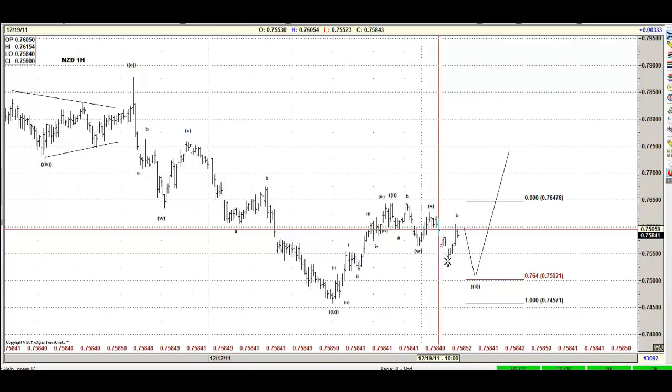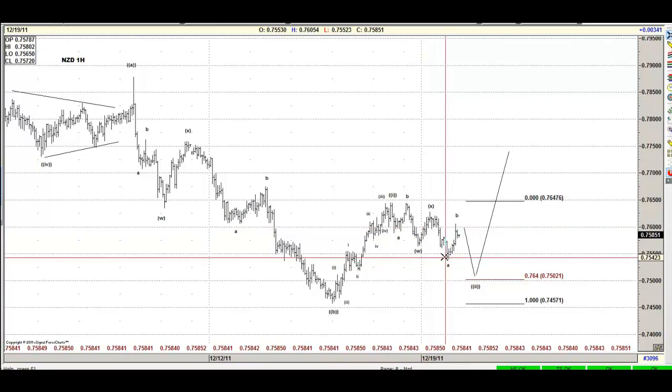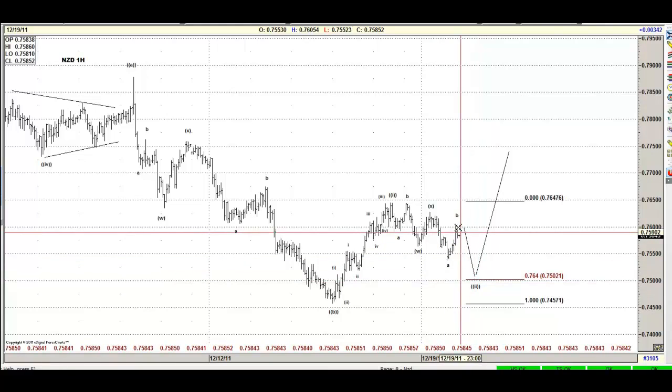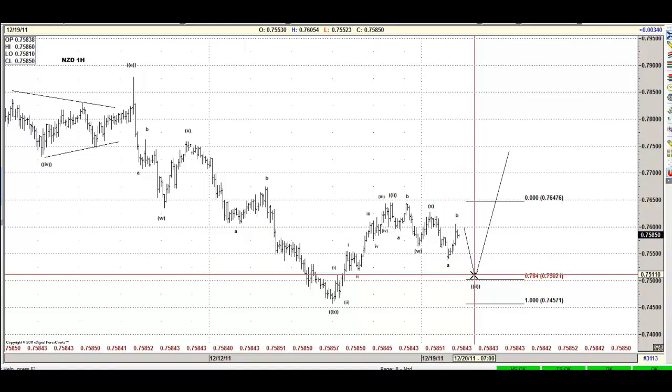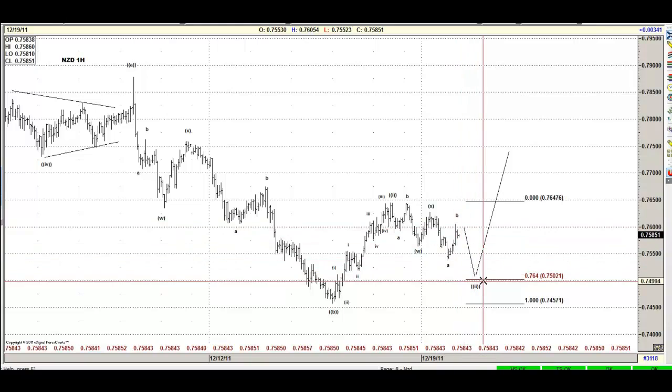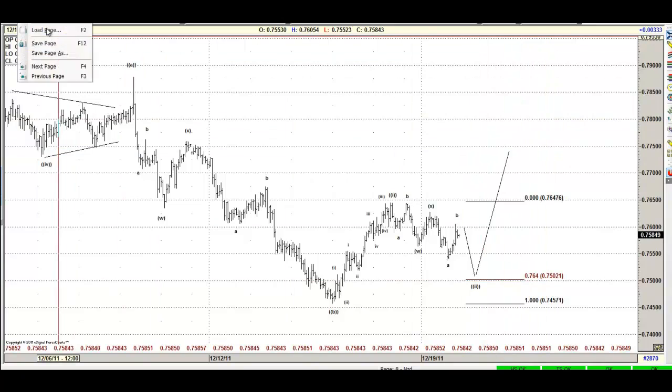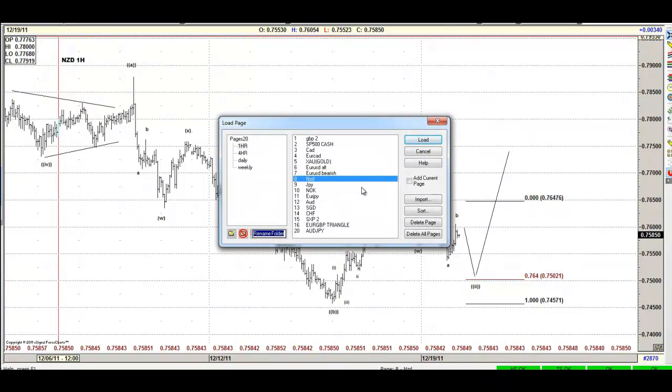If the 5 swings are the case, we need a 7 swing right here, so maybe it's going to trade lower. This goes pretty well with the scenario where the dollar is going to make one more final thrust higher, and then we're going to see a rally in risk. And like that, you can see every pair around the market.